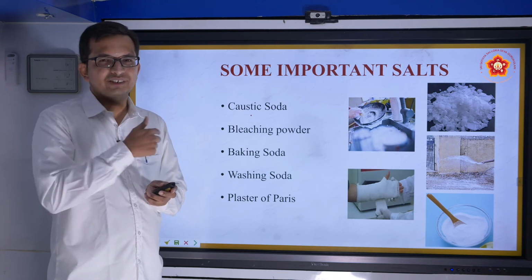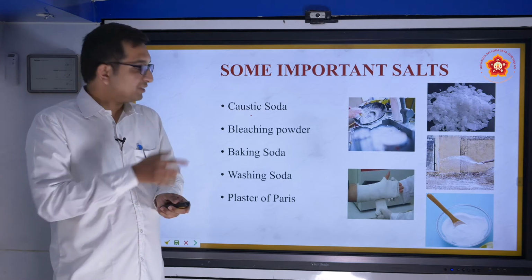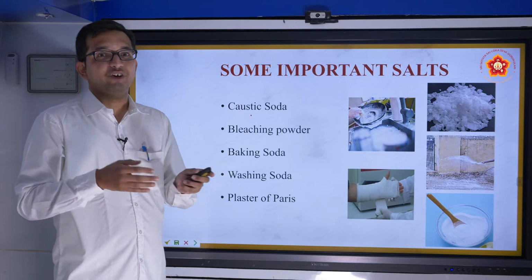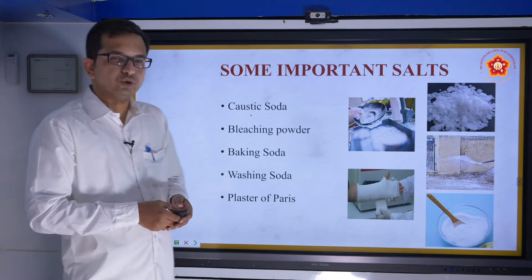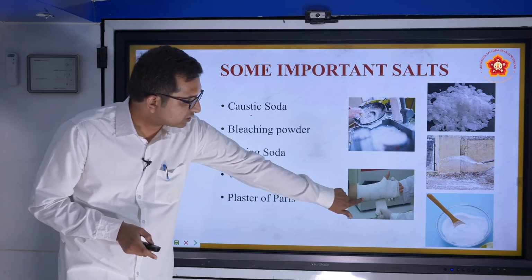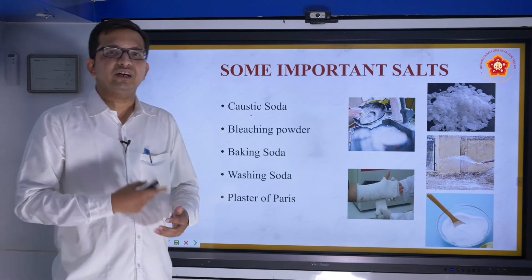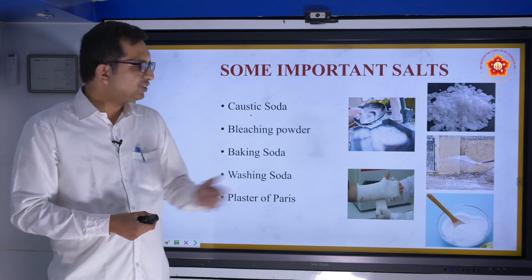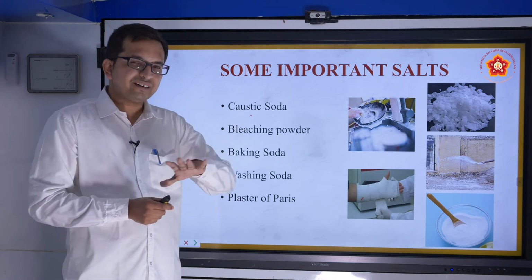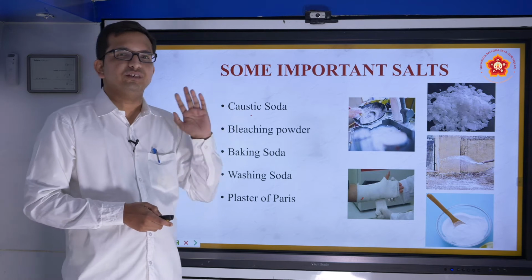Again, this needs your mind to be in the kitchen, because it is used in the kitchen by your mother or maybe by yourself if you are interested. Washing soda, used in many washing purposes. Plaster of Paris, this is the diagram that we have. It seems like somebody is injured and is being plastered. You must have come across this many times, but what are these compounds chemically? Let us study each of these 5 compounds in detail.